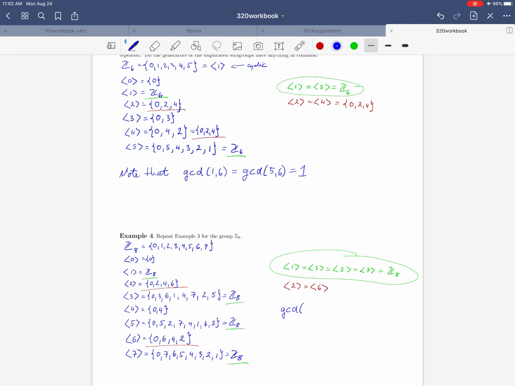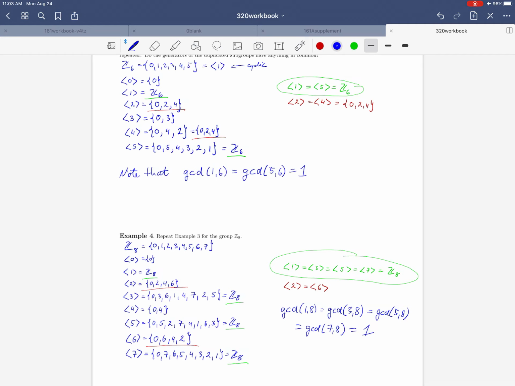We have that the GCD of 1 with 8 is the same as the GCD of 3 with 8, is the same as the GCD of 5 with 8, is the same as the GCD of 7 with 8. They're all relatively prime, those pairs of numbers. And so the GCD of 1, 3, 5, and 7 with 8 is 1. And that generated the whole group. So that's observation number 1.